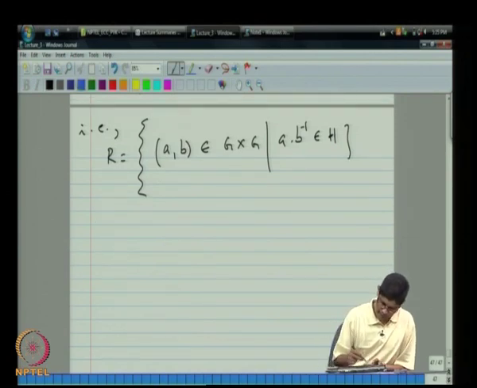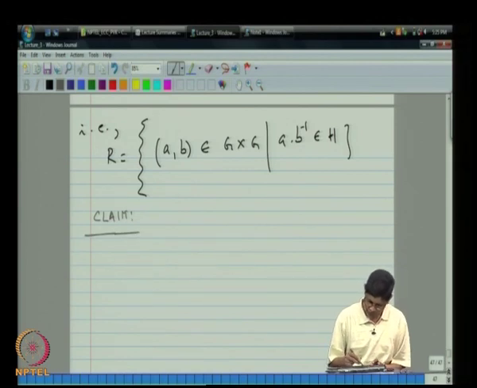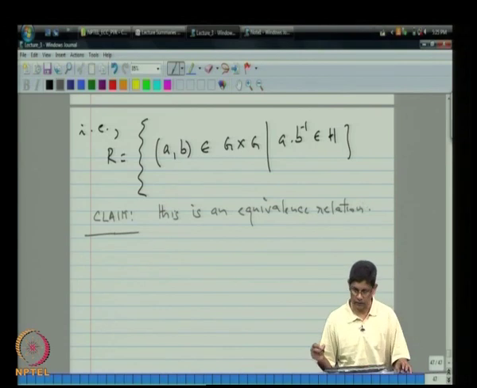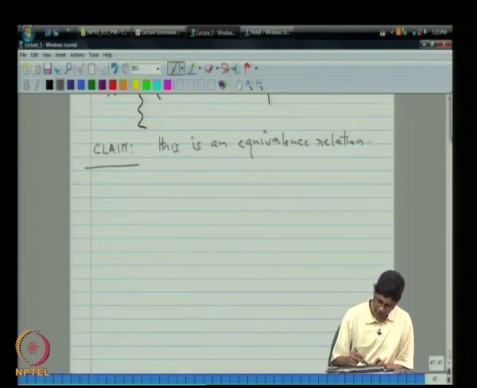So, claim: this is an equivalence relation. Proof.